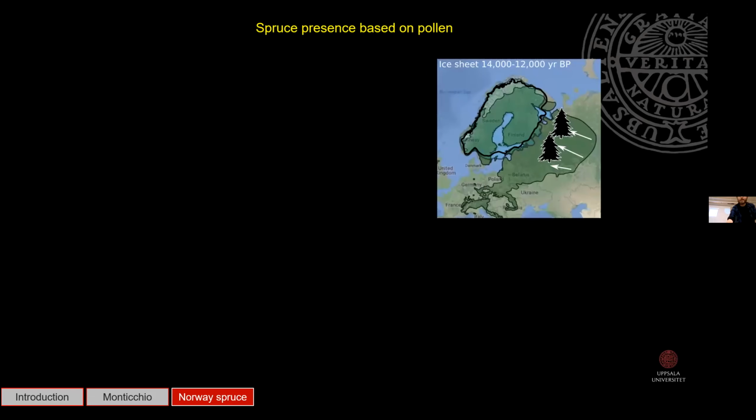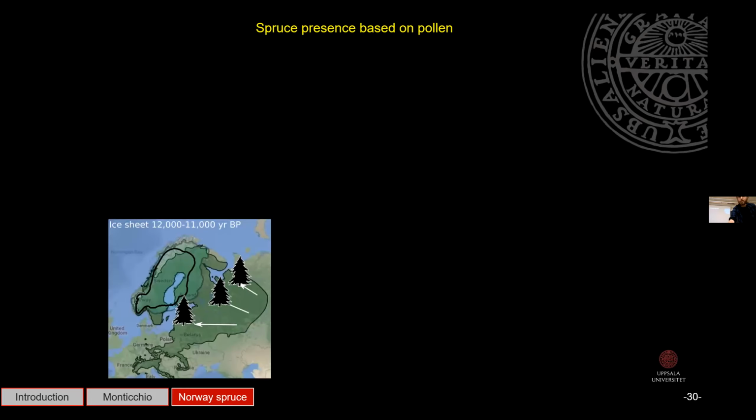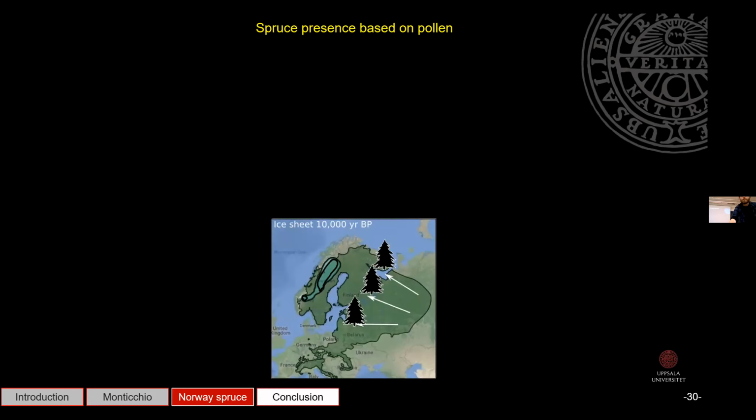Then when the ice retreated, they slowly moved towards Fennoscandia. This is almost 11,000 years ago, where if you look at pollen records, there's a lot of pollen increase in these regions in the Baltic states, and it's still Russia.